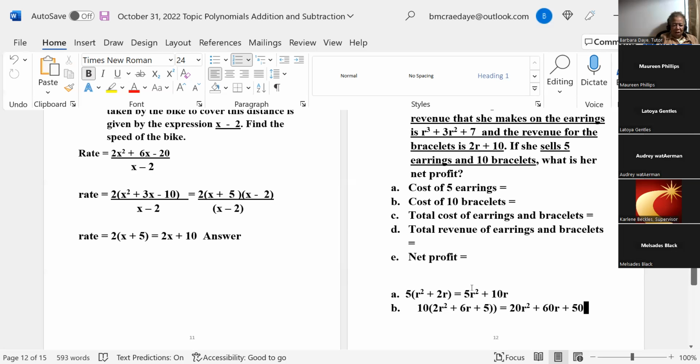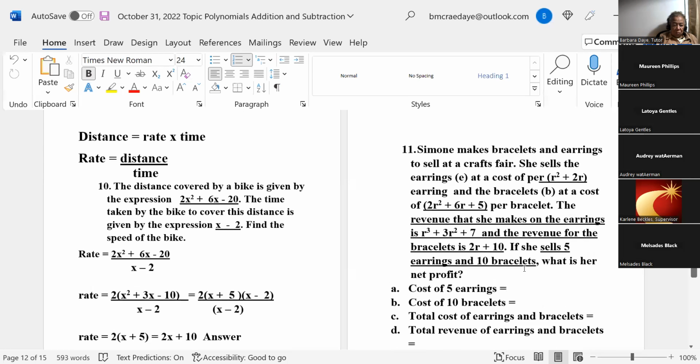The earrings are 5r to the second plus 10r, and the bracelets are 20r to the second plus 60r plus 50. Add those together. What do you get?